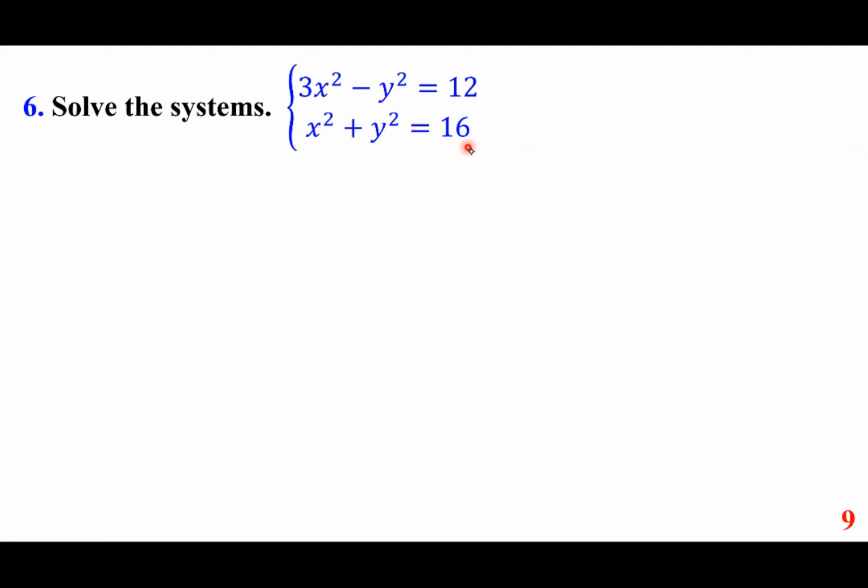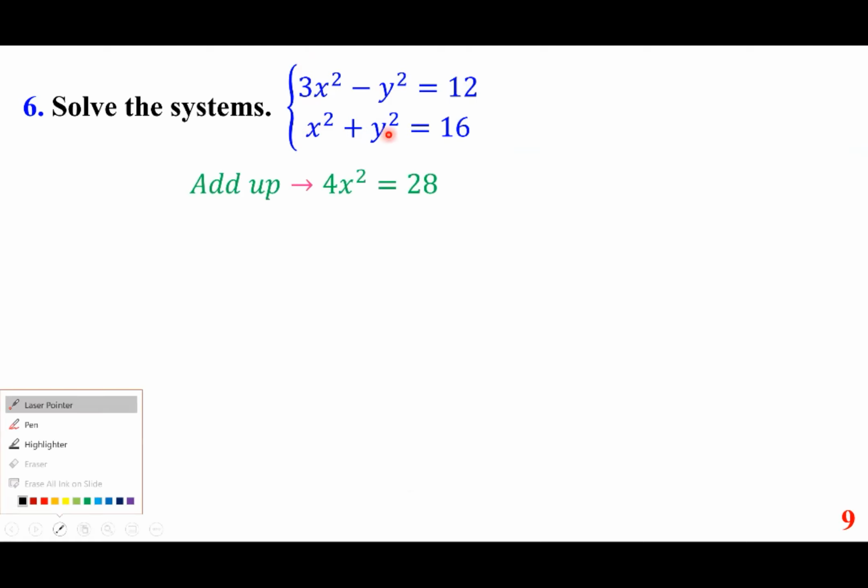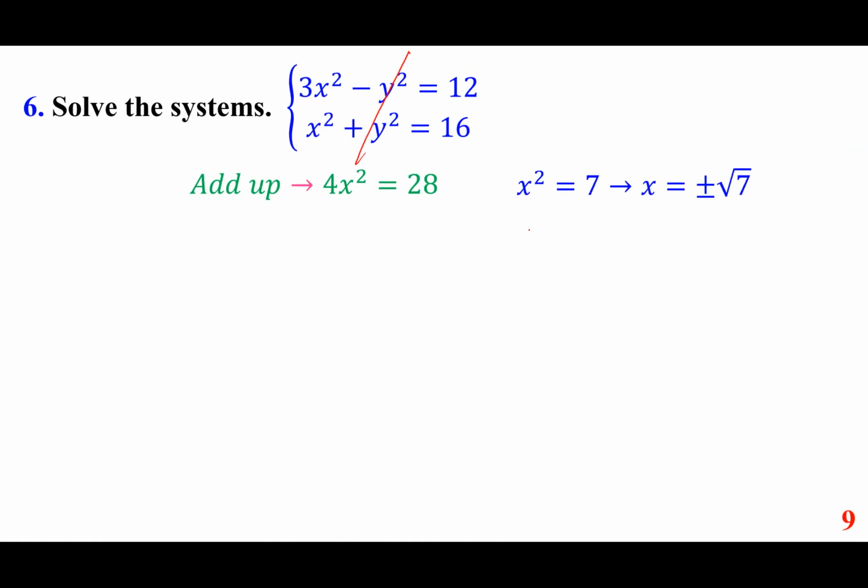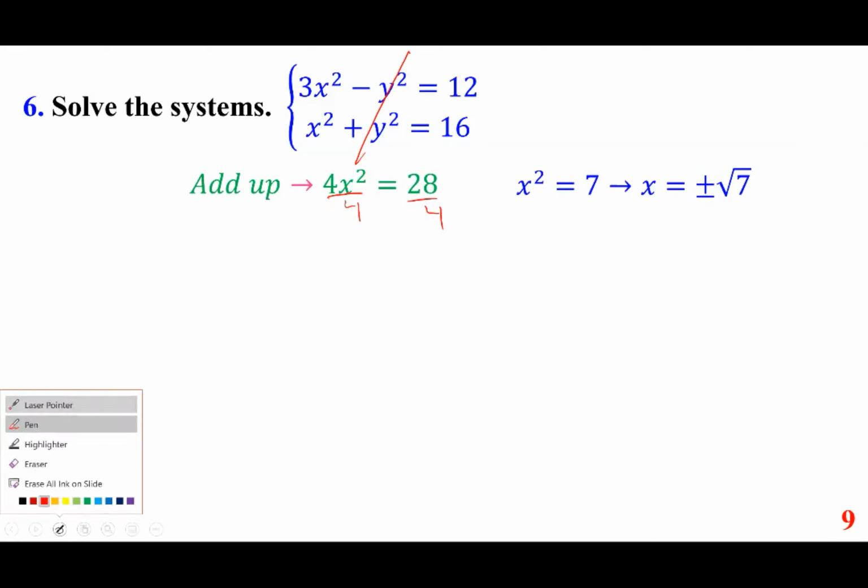These two add up to 28. Divide by 4. X squared is 7 and x is plus minus square root of 7. So there are two answers for x.